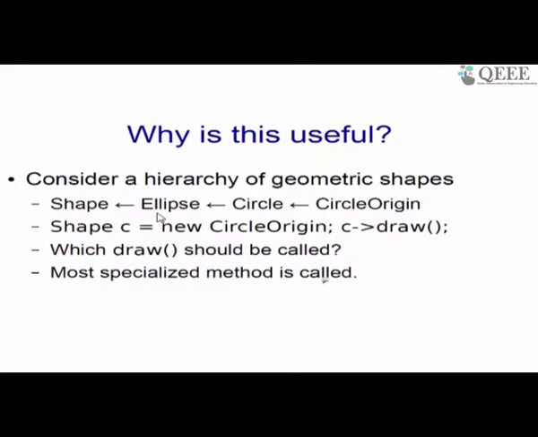And why is this useful is because you might have a base class like shape, from which you can have further derivations, for example ellipse, circle and circle origin, circle at the origin and so on. And then I have shape C equal to new circle origin, and then I just do C arrow draw. Now C is of type shape, right.